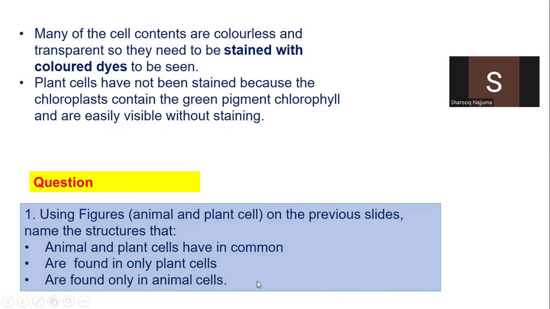You should be able to do that. If you can't, go back. You can take the video back and check those features so that you're able to tell which ones are the same in both plant and animal cells, which ones are only found in plant cells, or which ones are only found in animal cells.